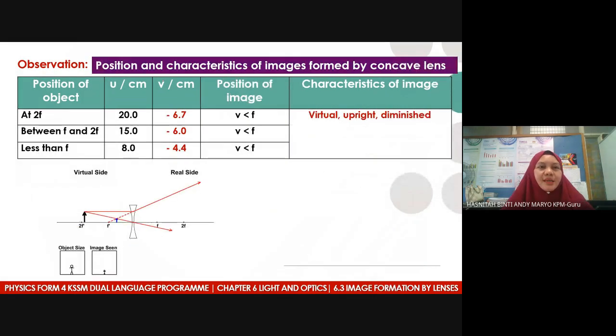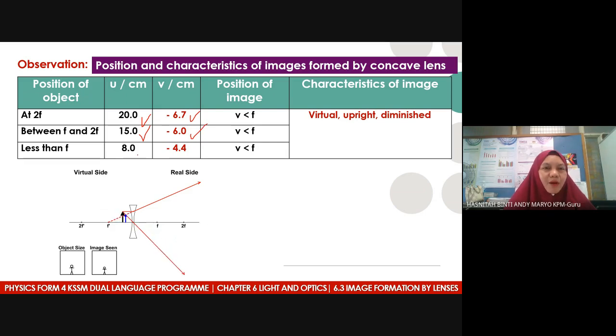So these are the 3 different positions. First we place the object at the distance of 20 centimeter from the lens. This is the distance of image produced. And this one we place the object at the distance 15 cm. This is the distance of image produced.